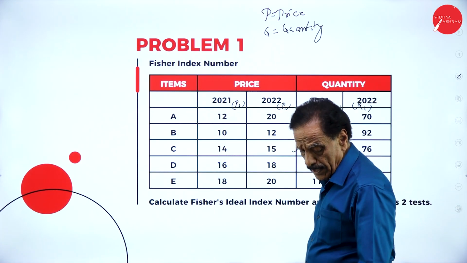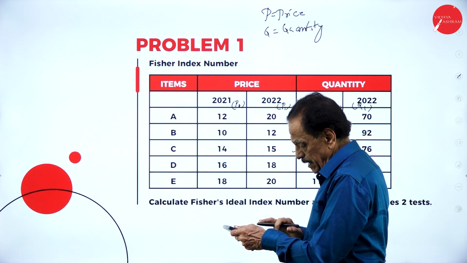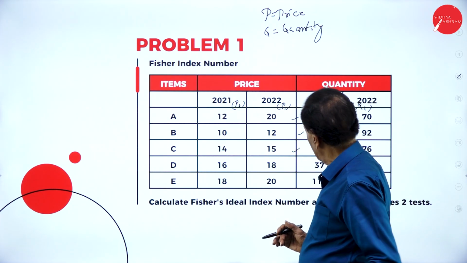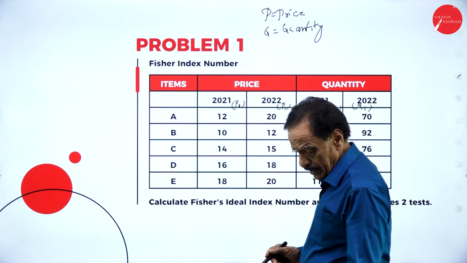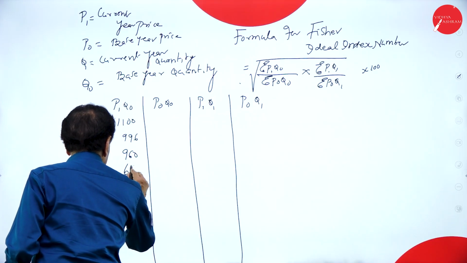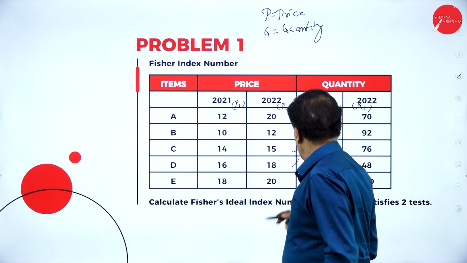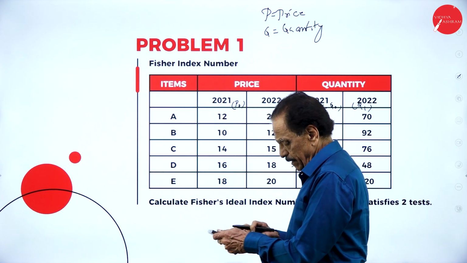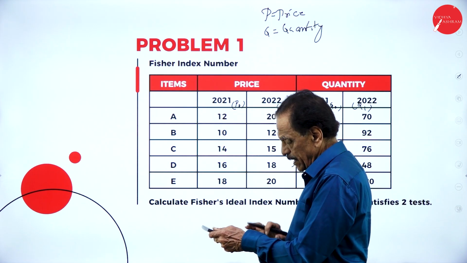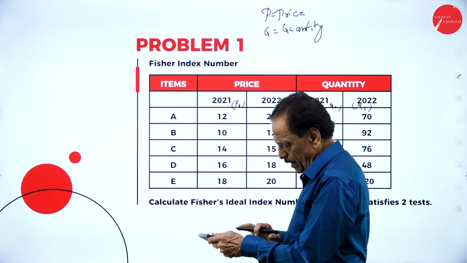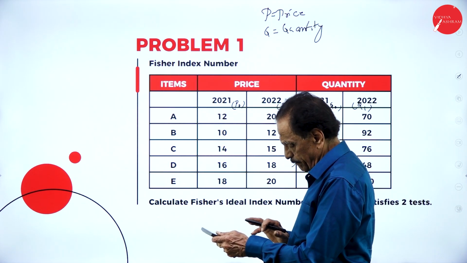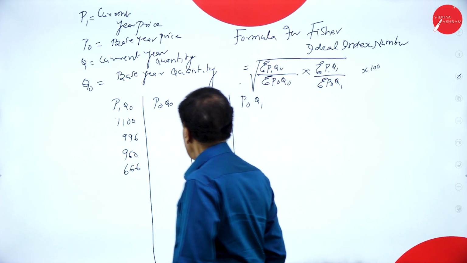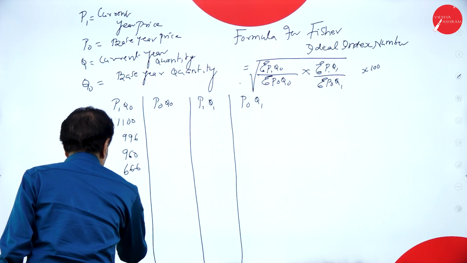Then 18 into 37, 666. Then 20 into 110, 2200.